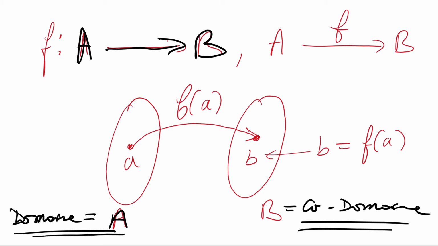A mapping, also called a transformation or a function, you should be able to understand the definition of a function by itself. So what is a function? Let us just look at the definition of a function.